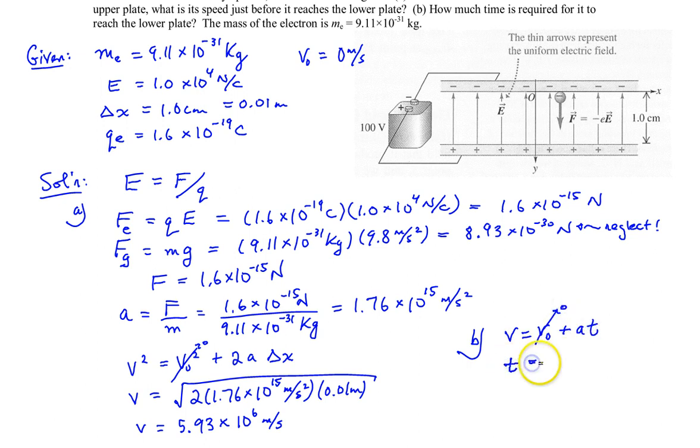So the time would be equal to that velocity we just figured out, 5.93 times 10 to the power 6 meters per second, divided by the acceleration we determined earlier, 1.76 times 10 to the power 15 meters per second squared, and that will give us 3.37 times 10 to the power of -9 seconds. And that's it for this example.